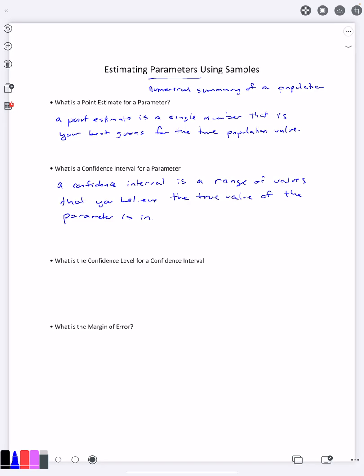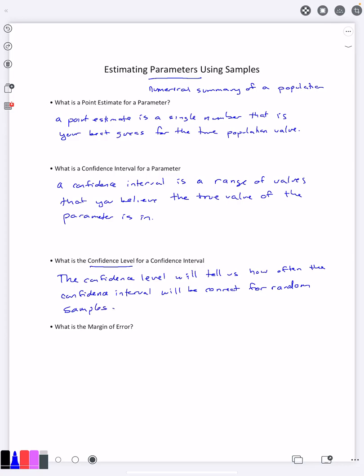And so what we're going to do is have something called the confidence level. The confidence level will tell us how often the confidence interval will be correct for random samples.